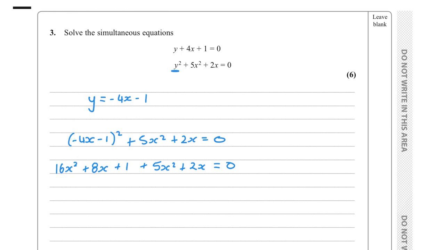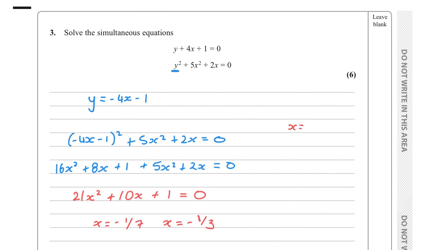Now I'm going to collect like terms. So I have 21x squared plus 10x plus 1 equals 0. So this gives me x equals negative 1 over 7 and x equals a negative a third. I'm then going to substitute that back into here to find my values for y.